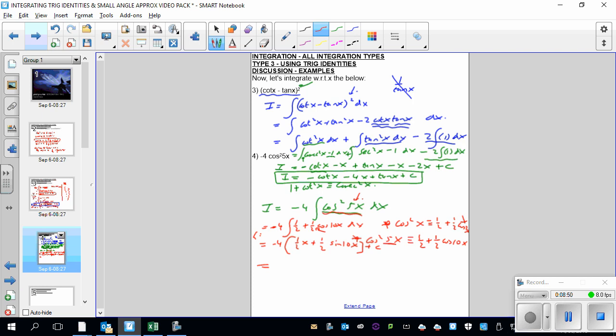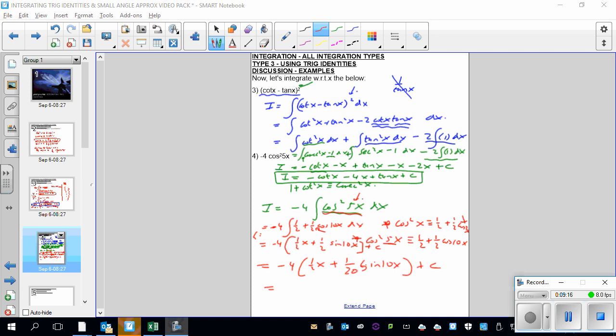So I need to adjust this. So that 10 is going to pop out, so that's going to become 5, but I want it to be 1 over 2. So I'm going to need to divide by that 10, okay? So plus 1 over 20, my answer would be 1 over 20 sine 10x plus c.